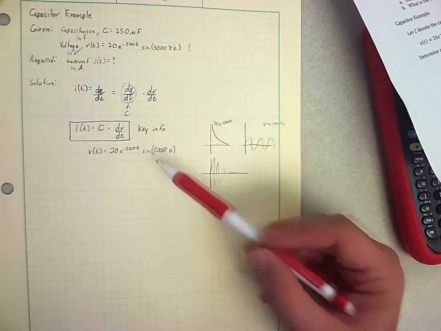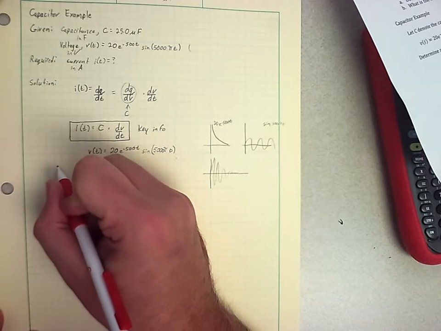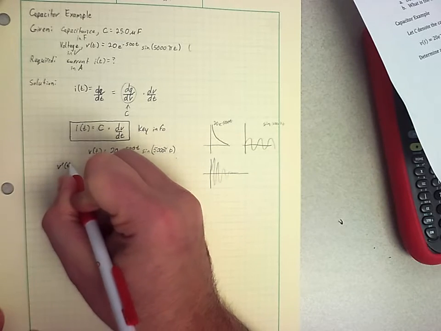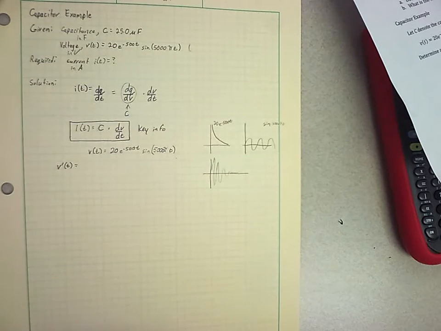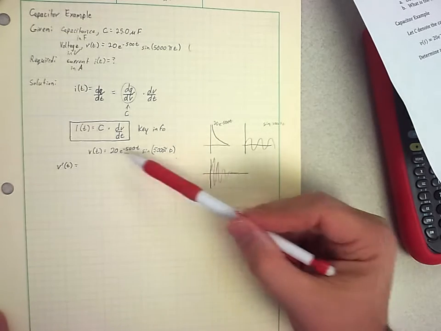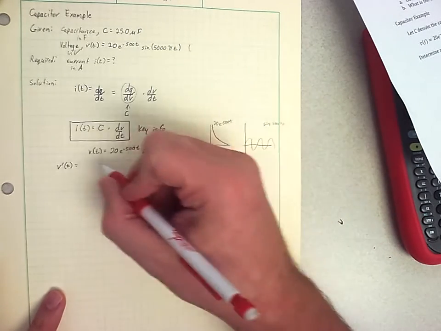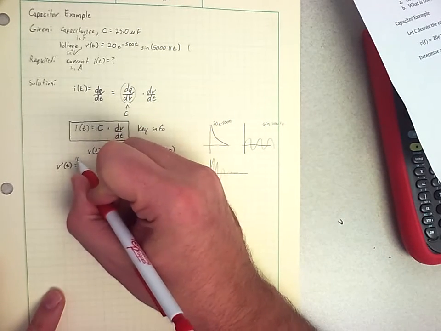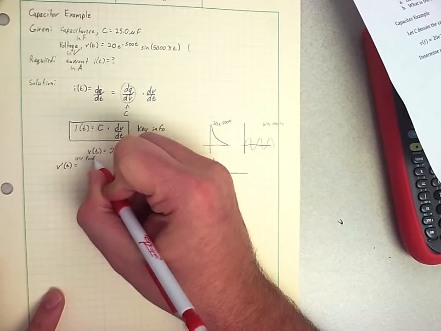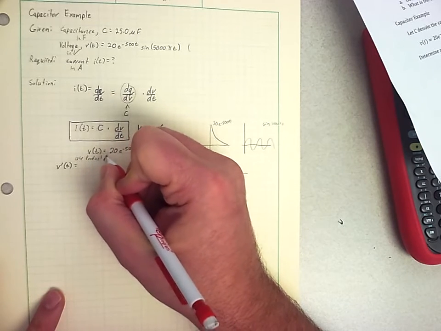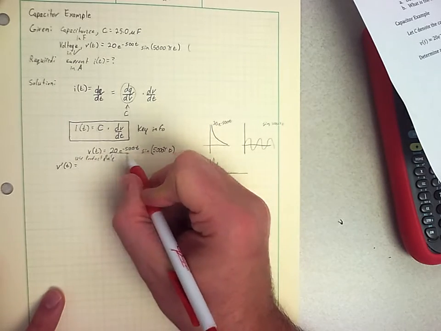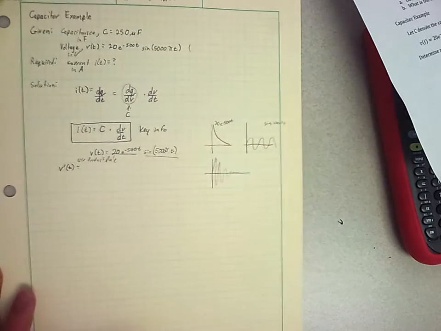So again, we want to find the derivative of our voltage. I keep wanting to say velocity. This is voltage. Since we have two things multiplied together, we're going to have to use the product rule. I'll let that be my first expression and that be my second expression.